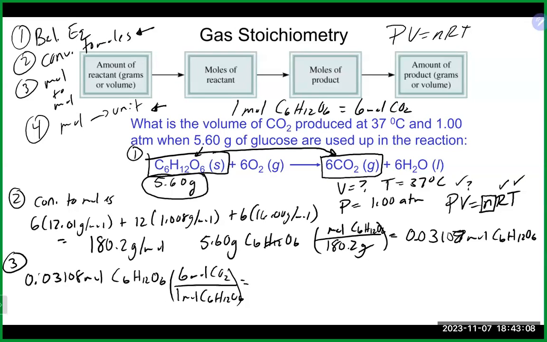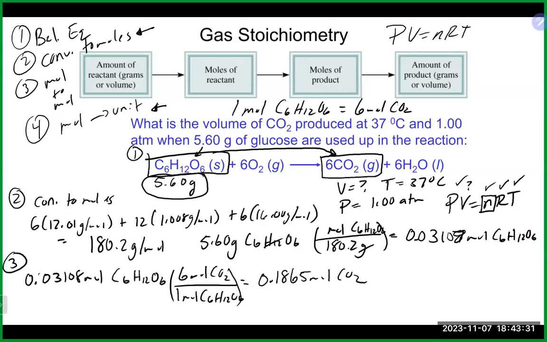So that will give us times 6, and it looks like we end up with 0.1865 moles of CO2. Because of that, we now have the moles of CO2 that we need for our ideal gas law. So what's left is to solve for volume here.